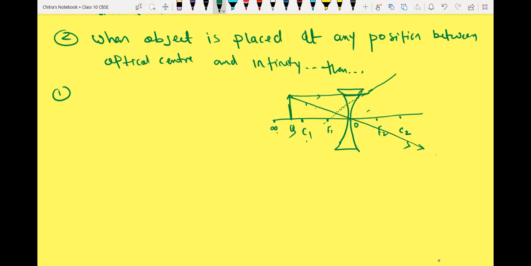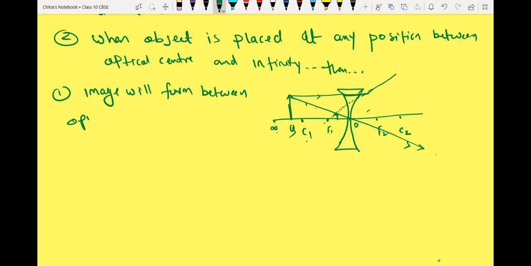At the intersection point, the image will form. So at all positions, the image will always form between the optical center and F1. When the object is placed at any position between the optical center and infinity, the image will form between the optical center and F1.